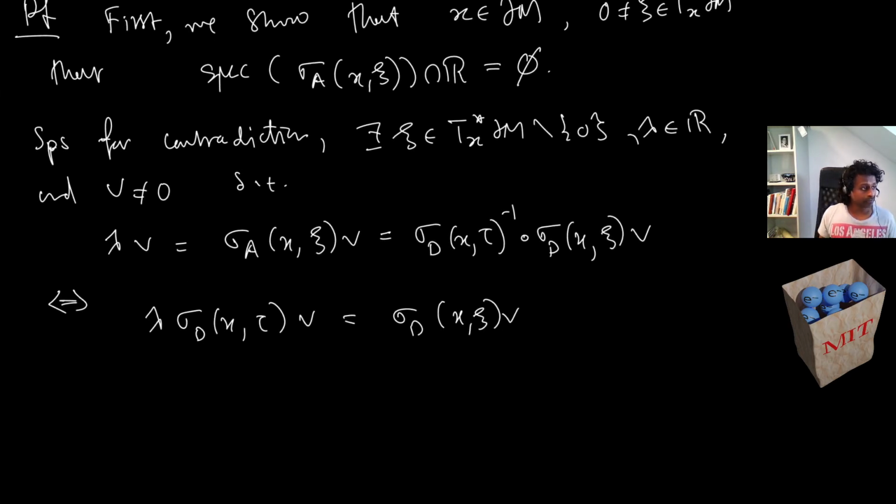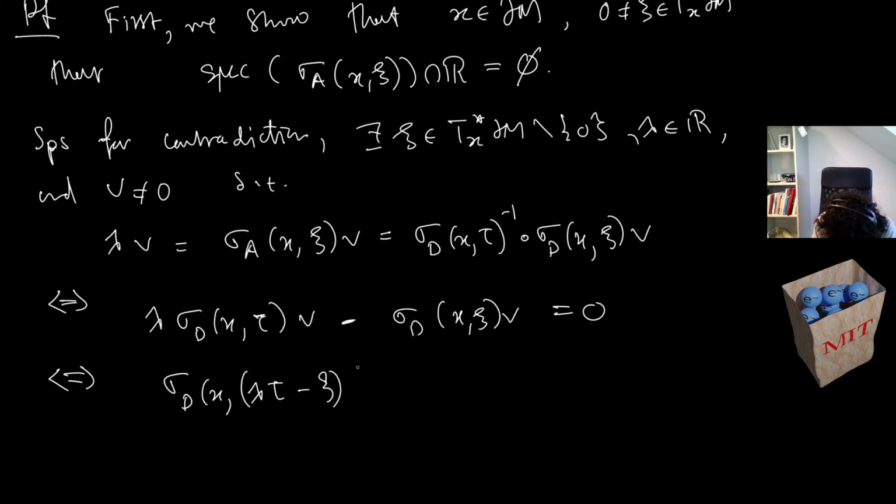And this is now a very important property of first order operators, that in the cotangent variable of the symbol, it's a real linear map, right? This won't be true if it's a second order operator, but for a first order operator, it's true. So because it's real linear, this is if and only if d_x (lambda tau minus psi) V is 0. Okay?